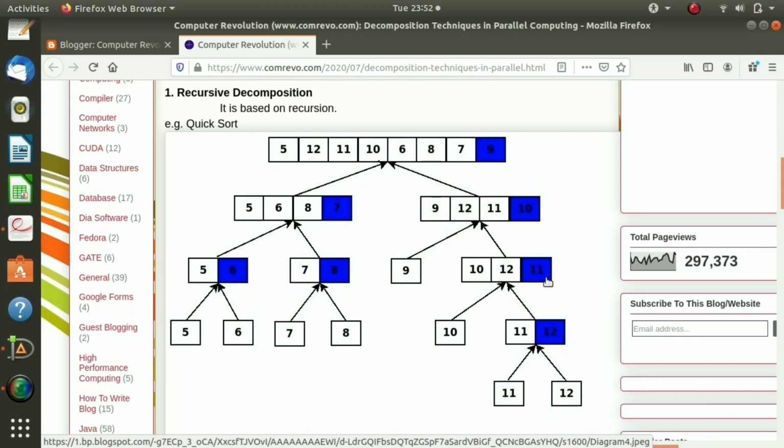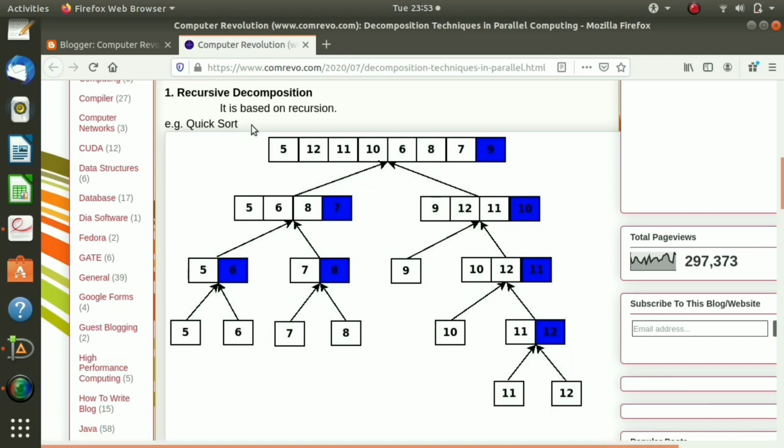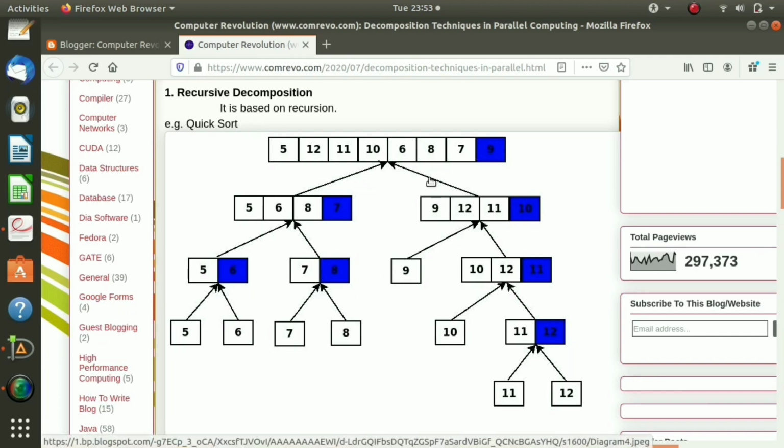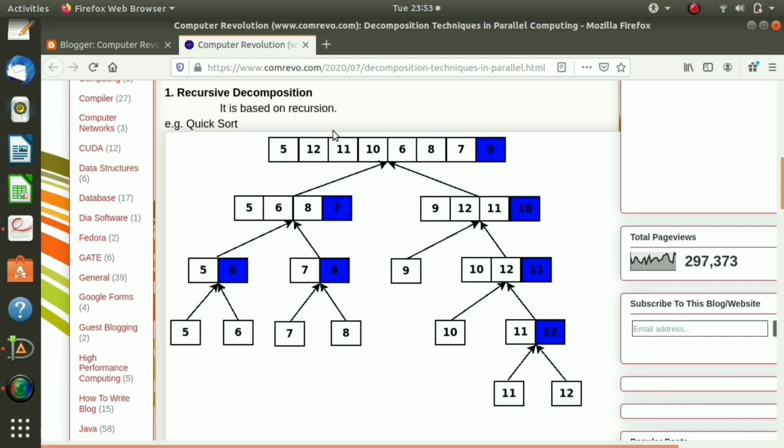Here we have taken 11 as a pivot element, so we got 10 on one side and 11 and 12 on the other. In this way, we use quicksort to divide these numbers into different sets, and finally we combine these results. At the end, all the elements get sorted.